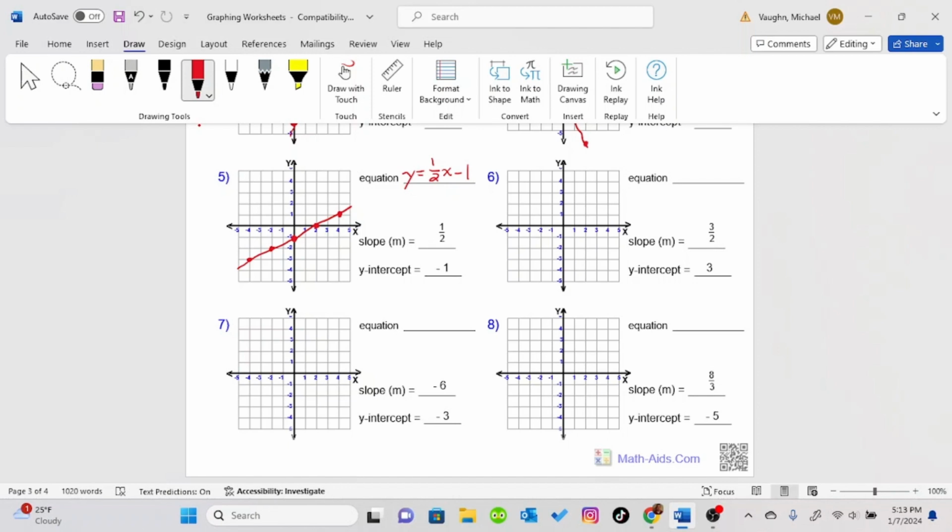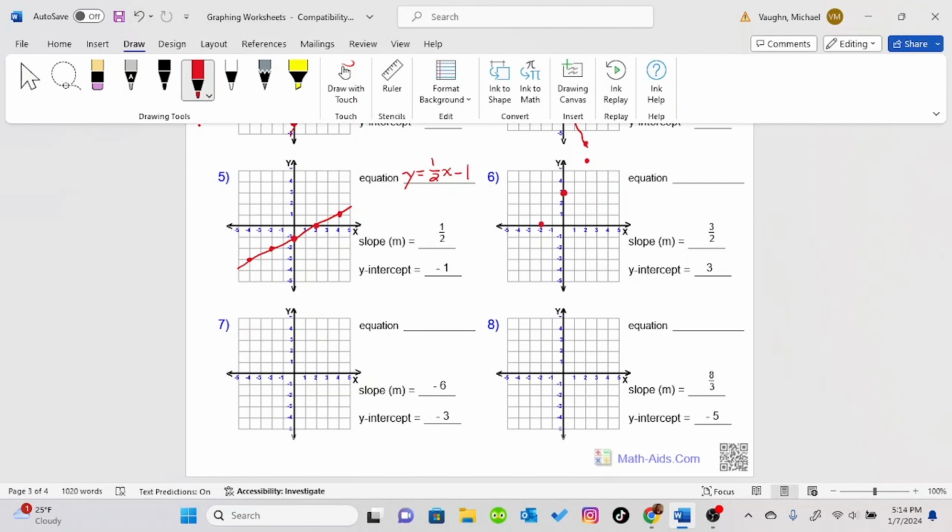Number 6. The y-intercept is 3, so we go up to y equals 3, and we put our y-intercept. The slope is 3 halves, which tells us to go up 3, right 2. We could also do the opposite to get the previous points. Down 3, left 2.